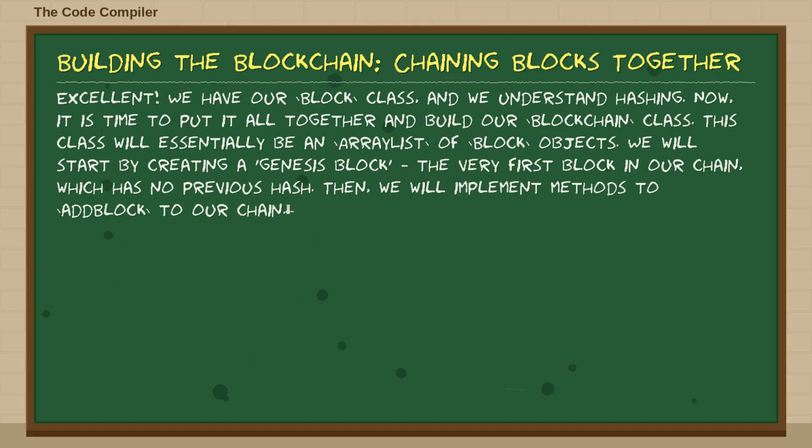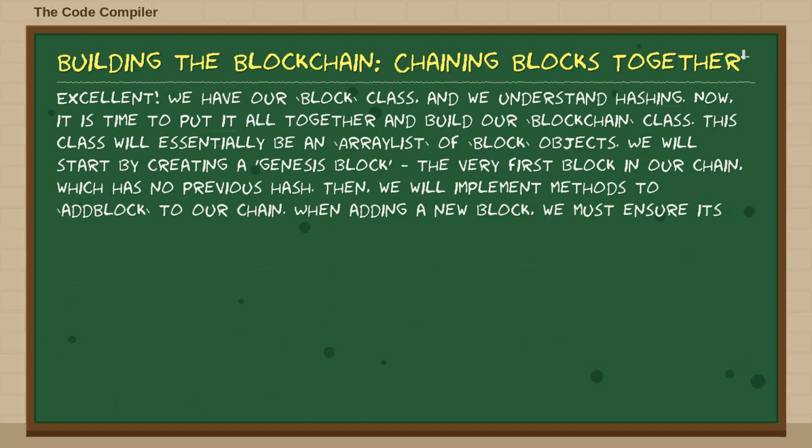Then, we will implement methods to add blocks to our chain. When adding a new block, we must ensure its previous hash correctly points to the current hash of the last block in the chain. The new block's own hash is then calculated.